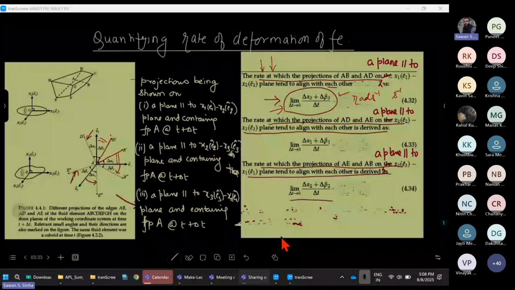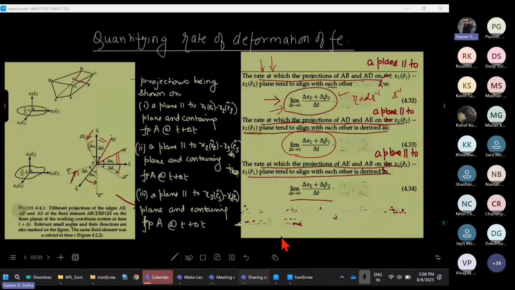So this in a way will measure how fast these AB and AD line segments, which were originally at 90 degrees, are trying to move towards each other. Another similar quantity, the rate at which the projections of AD and AE on a plane parallel to x2, E2, x3, E3 plane tend to align with each other is given as this.